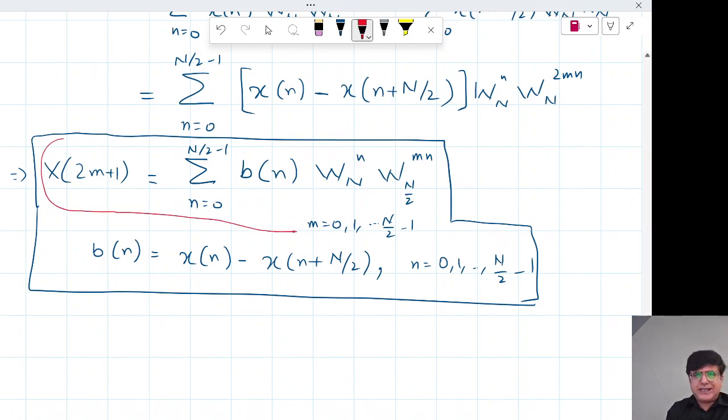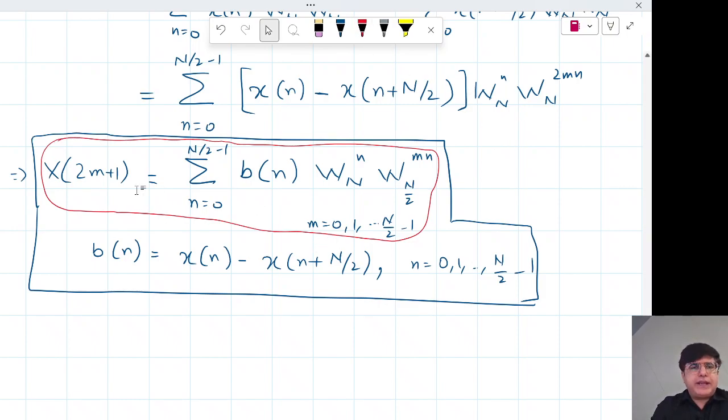So these are the odd index DFT coefficients. Because you put m equals 0, you will get x of 1. You put m equals 1, you will get x of 3, right? So these are the odd index DFT coefficients. Questions till this point? All good? Clear so far? Let me rewrite these even and odd index DFT coefficients.